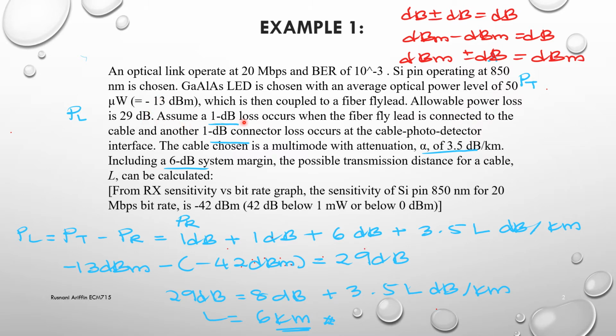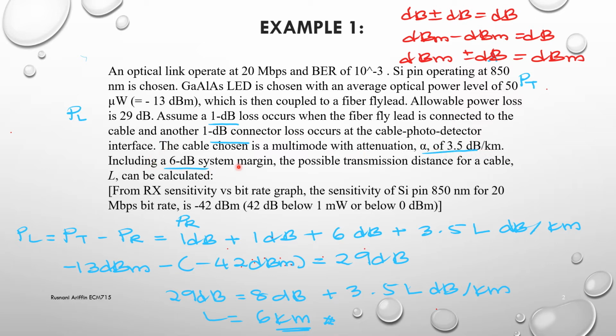Assume a 1 dB loss occurs when the fiber fly lead is connected to the cable, and another 1 dB connector loss occurs at the cable photodetector interface. The cable chosen is a multimode with attenuation alpha of 3.5 dB per kilometer.